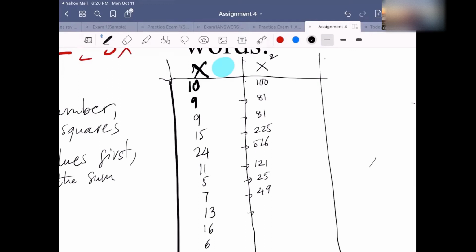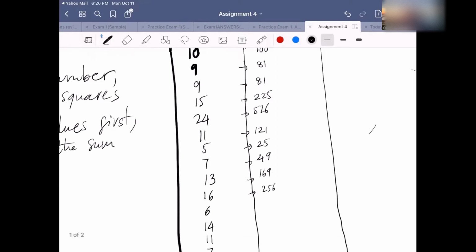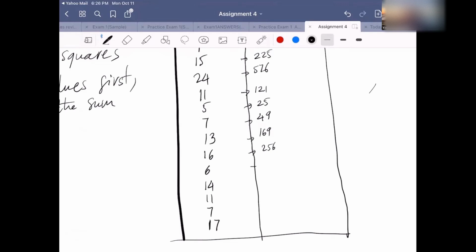What is 13 squared, everyone? Vanessa got 121. Yeah, 169. Okay, 169. 16 squared. All right, 256. Yeah, you can double check them for me later. And then this 36, right? Yeah, so that is easy.